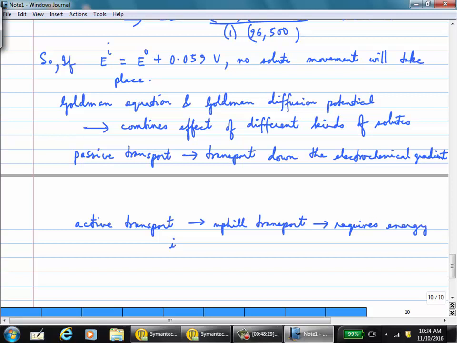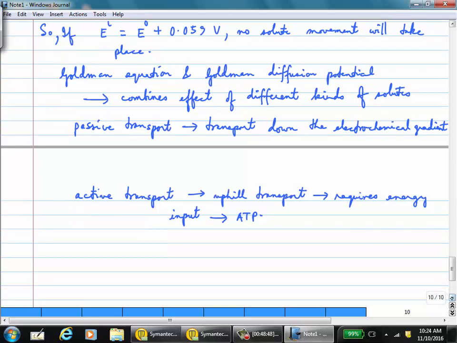And for a cell, where is that going to come from? ATP, yeah. So you will have some pumps, because they'll push things uphill. They'll use up ATP, so they're called ATPases because they basically degrade ATP and get the energy from there.